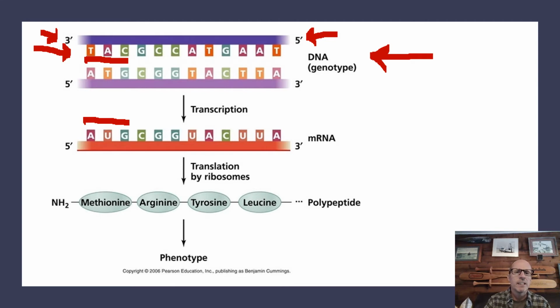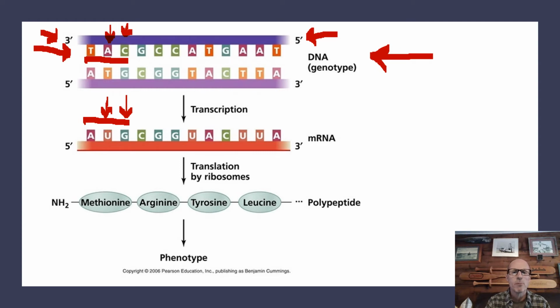Adenine in DNA, right here, codes for uracil in RNA. Remember, there is no thymine in RNA. And finally, the cytosine up here in the DNA molecule ends up being transcribed into the guanine in the RNA molecule. So it's quite simple in a way when you look at it.